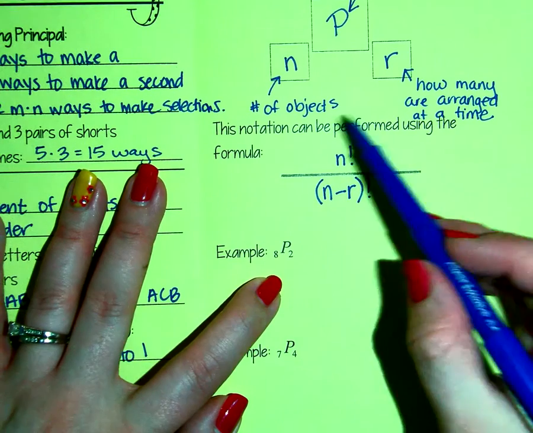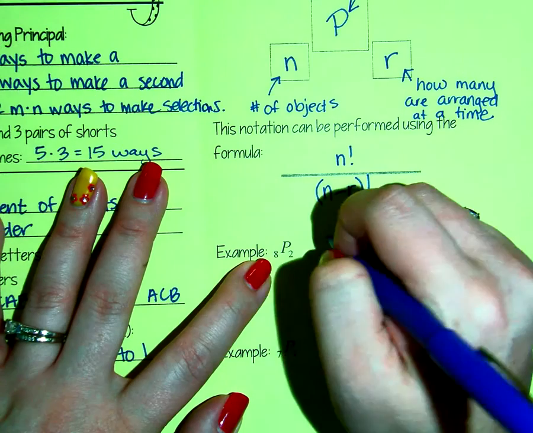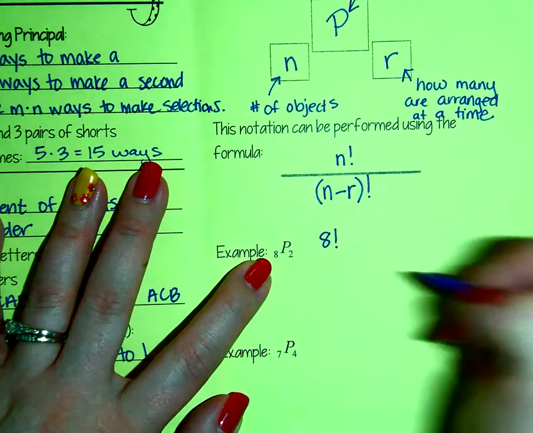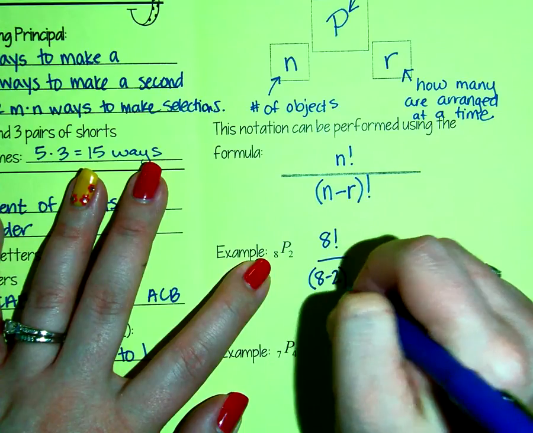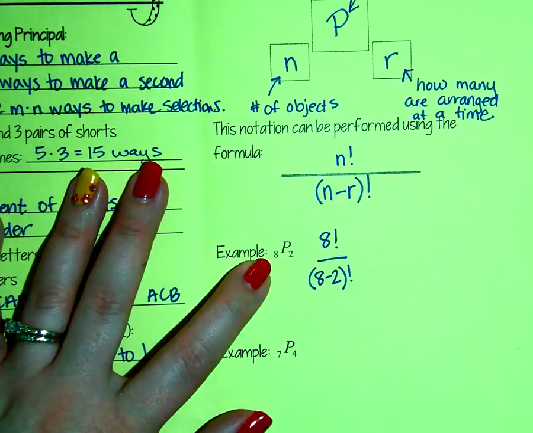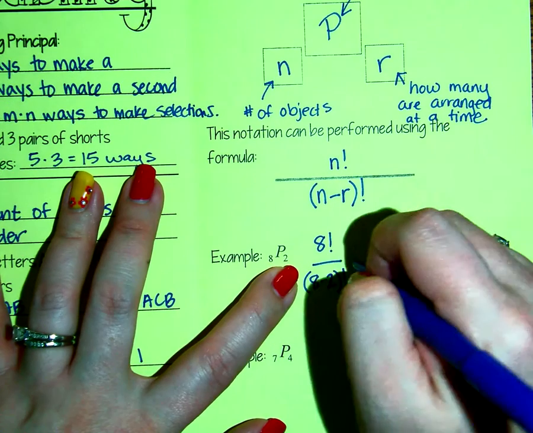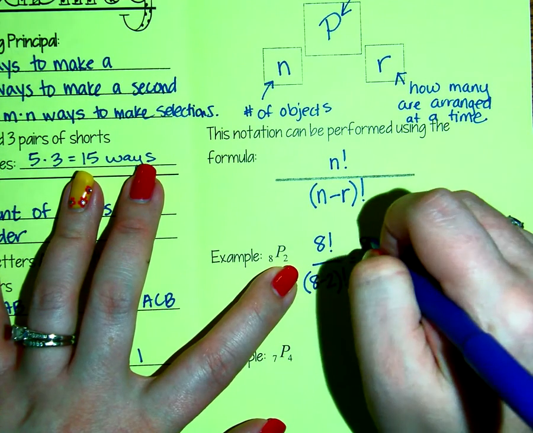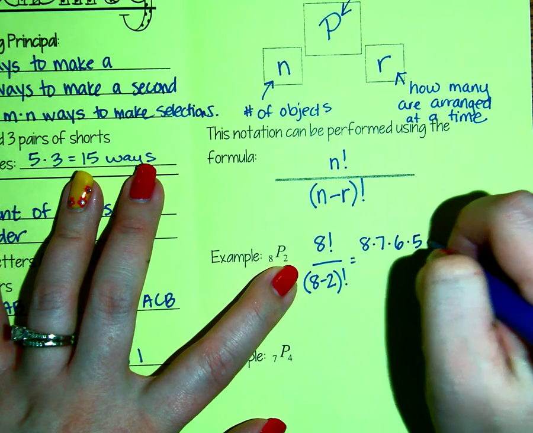For my example, n is the number on the left side, so I'm going to go 8 factorial all over 8 minus 2 factorial. 8 factorial is all the numbers from 8 to 1 multiplied together, so I'll write this out to show you where this comes from.